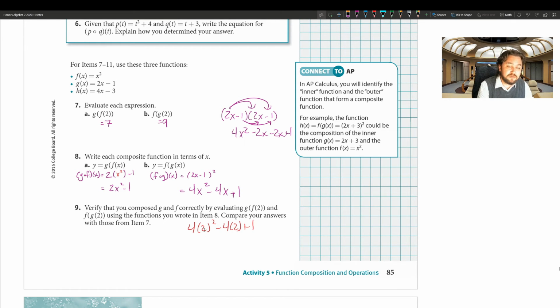So 4 times 2, 2 times 2 is 4. 4 times 4 is 16. 16 minus 8 is going to be 8. Plus 1 is going to give us 9. So yes, they both verify and give us the correct solution.